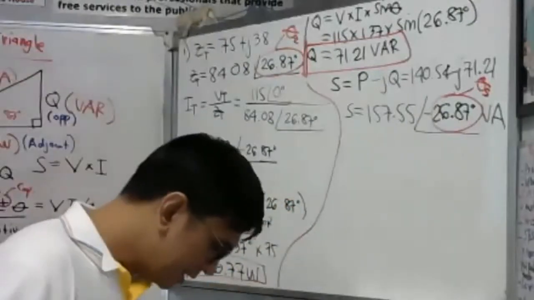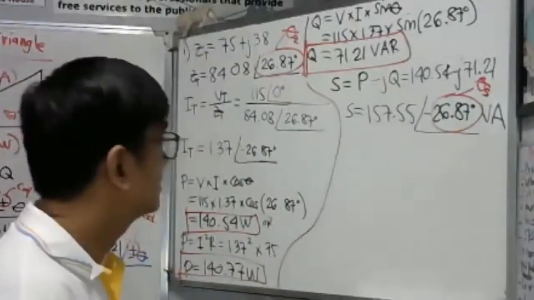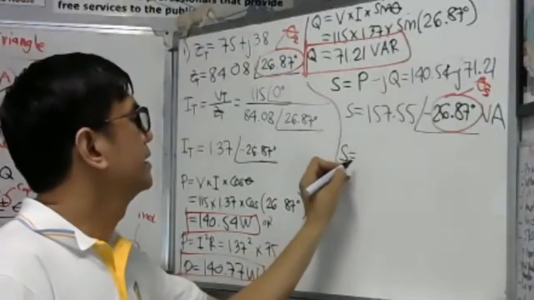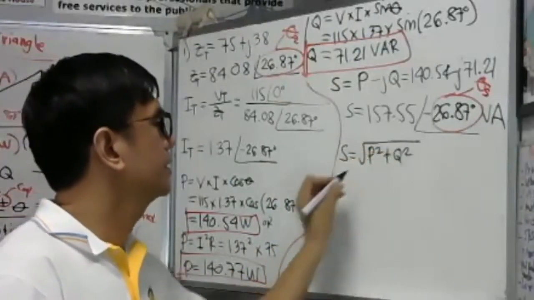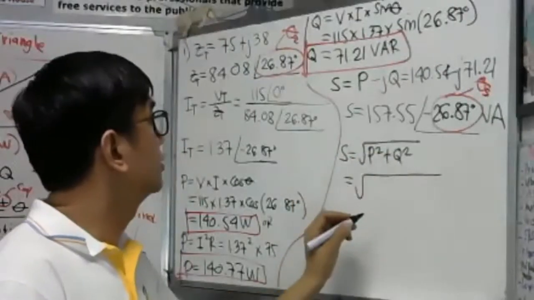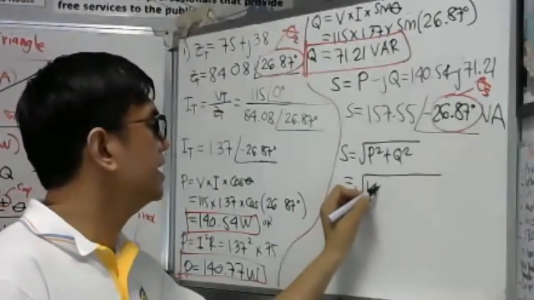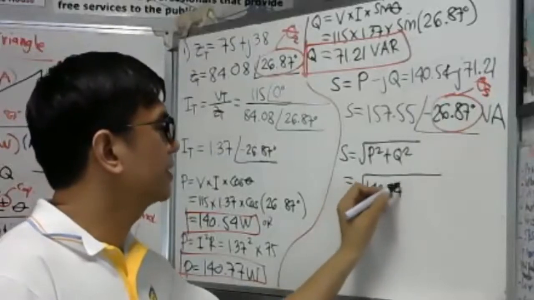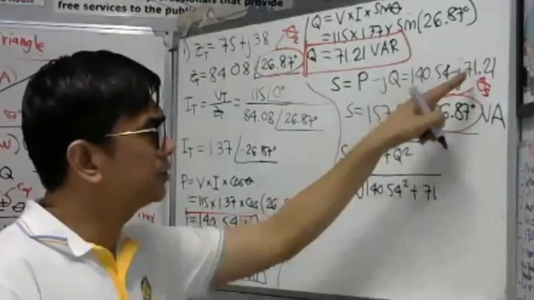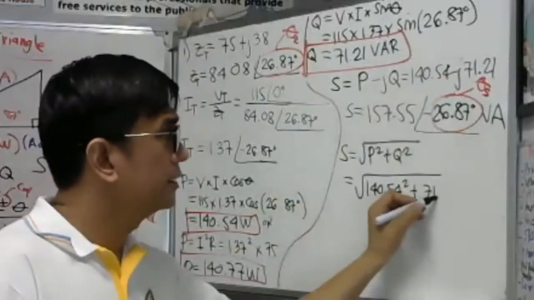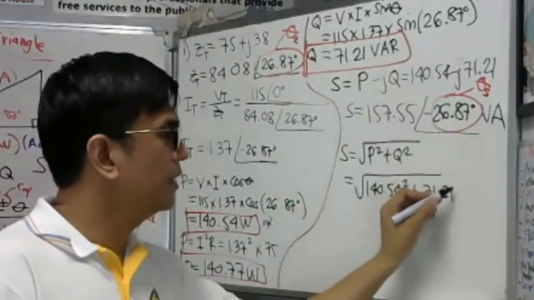See? There's another way of getting our S by Pythagorean theorem. S is equal to the square root of P squared plus Q squared. You see that is equal to, what is our P? 140.54 squared plus, just get the magnitude here. Forget about the negative here. So 71.21 squared.